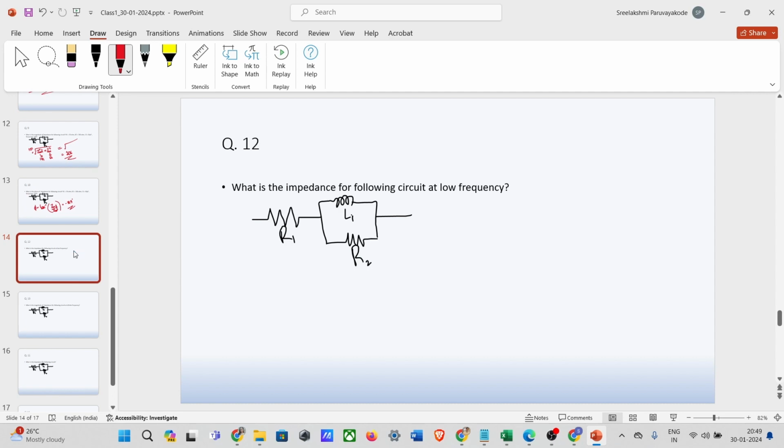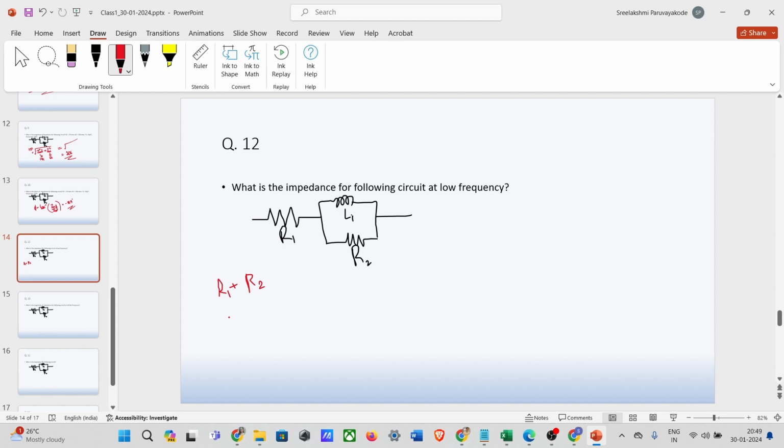It will be R1 plus R2. Someone is saying R1 plus R2. Anyone else has any other answer? R1 plus R2, okay.